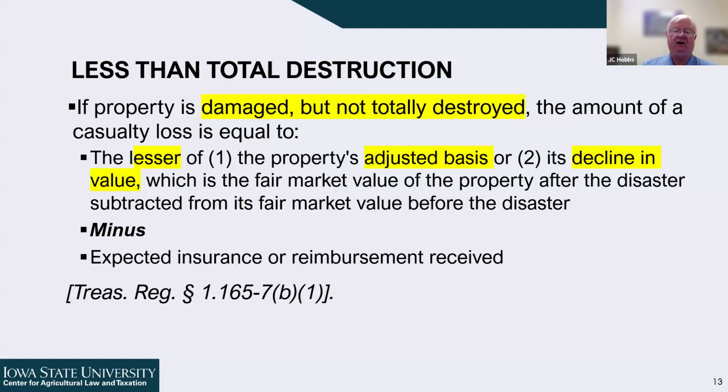So the decline in value looks at the change in the fair market value both before and after the disaster struck, minus any expected insurance or other reimbursement that could be received or will be received. So again, adjusted basis or decline in value, reduced by any expected insurance or reimbursements that we do receive.